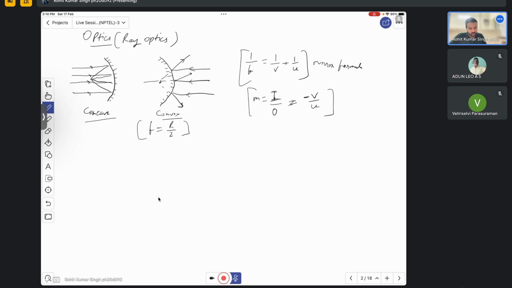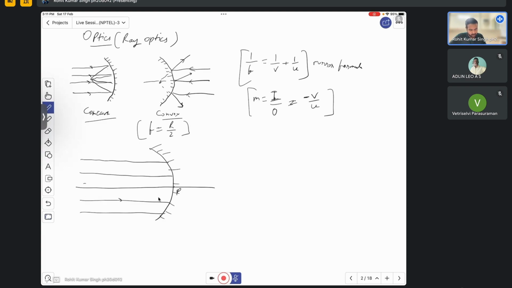Now, the concave mirror. Suppose this is the principal axis, here is our pole, and light rays are coming like this from infinity parallel to the principal axis, and they get converged to a point.